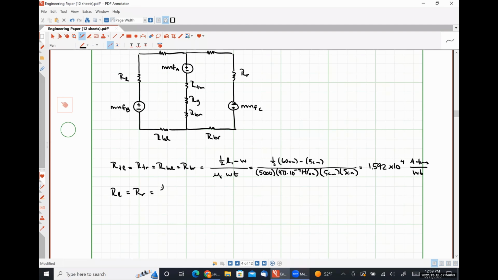That's L2 minus W over mu C W T, and that comes out to be 2.228 times 10 to the 4 amp turns per Weber.